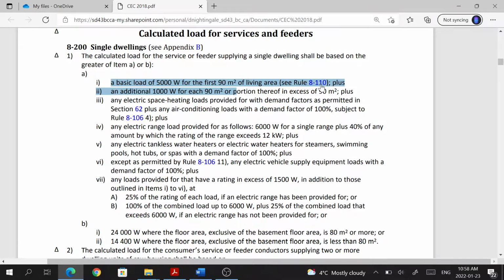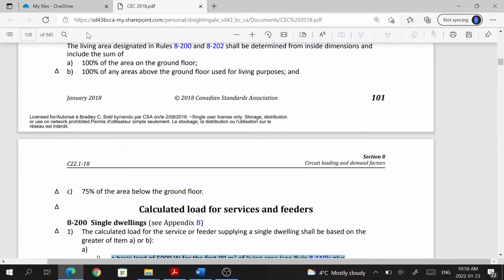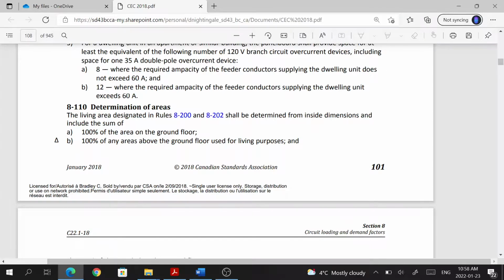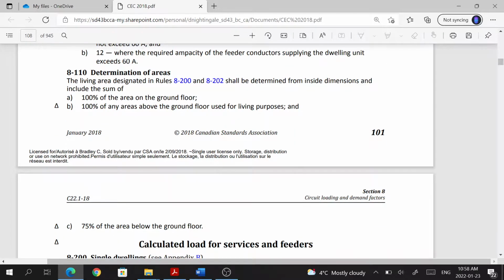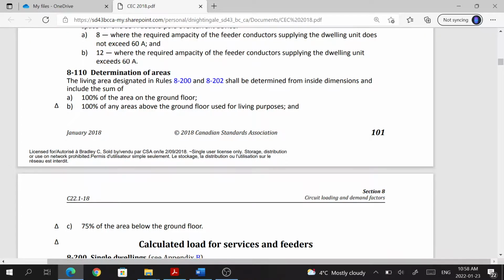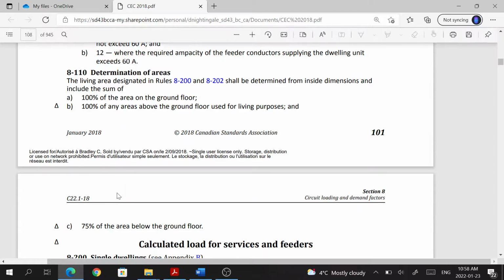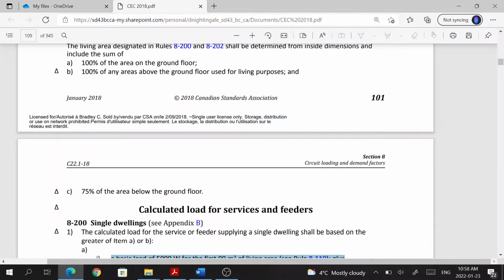So we got to see Rule 8-110. Whenever it says see a rule, see the rule. So 8-110 says 100% of the area on the ground floor. So level 1, 100% of any areas above the ground floor, level 2, level 3, etc. And 75% of the area below the ground. So the basement, we're only going to take 75% of that.